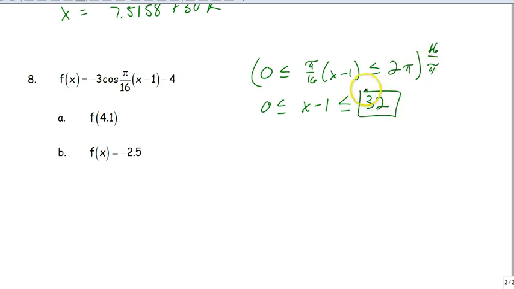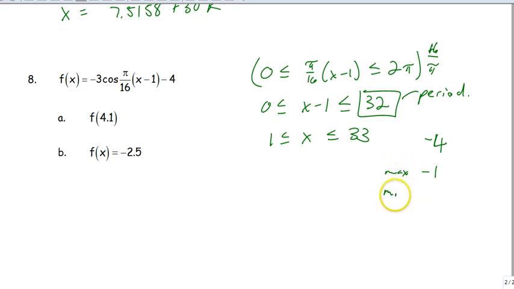So this is the period for this one. The shift, though, goes 1 to 33, and then the midline is at negative 4. So negative 4 plus 3, so we go from negative 1 is the max value, and negative 7 is the min. So I have all my information.